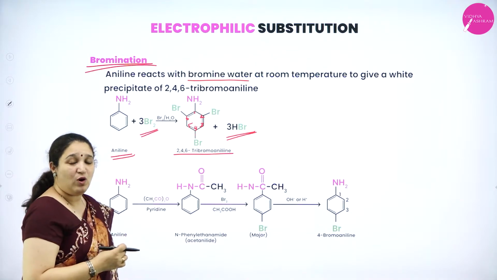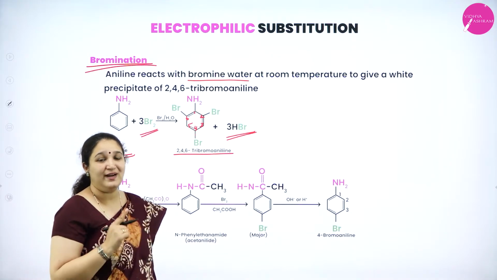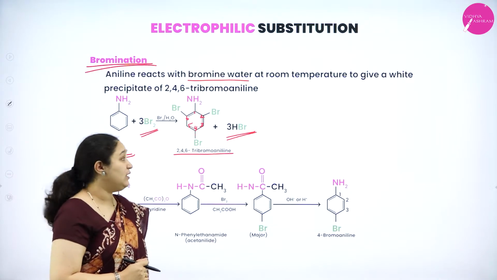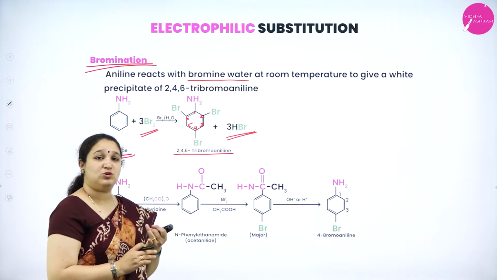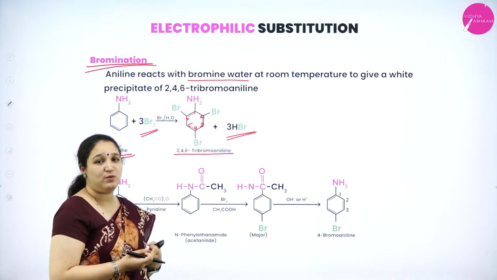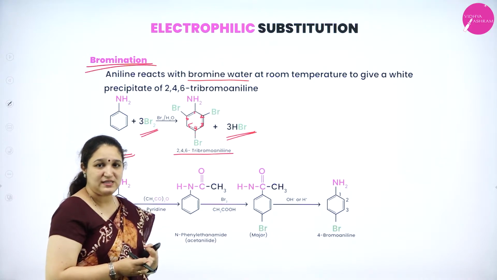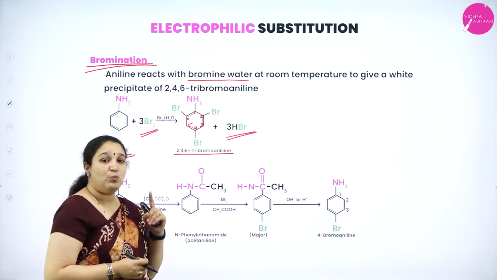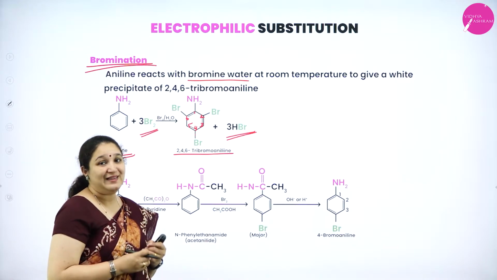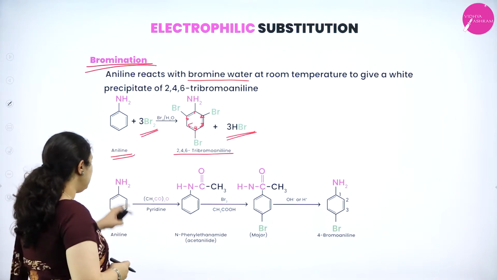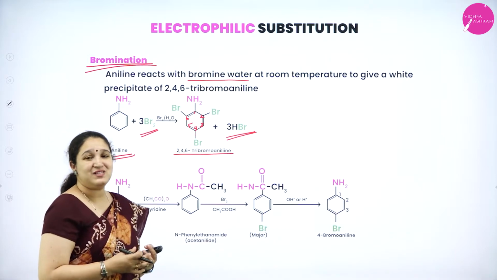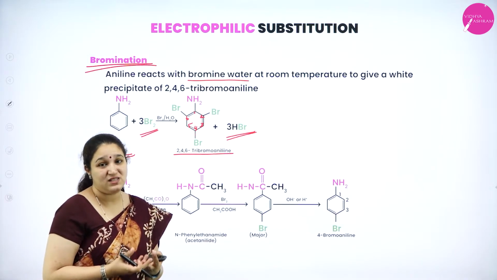Now if we want the mono-substituted product, here both the ortho as well as para positions got substituted, isn't it? If we want a mono-substituted product, then we'll have to protect this NH2 group. What is the meaning of protection and why is it done?